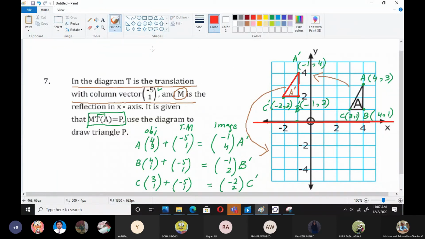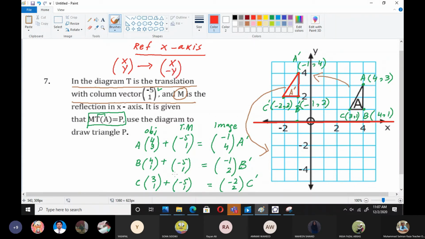I already told you guys that for reflection in the x-axis, if the coordinates are x and y, the sign of y gets reversed. Yes, x-axis reflection means leave x as it is, and y will be negative.